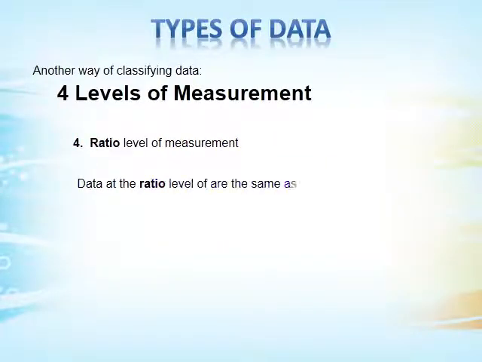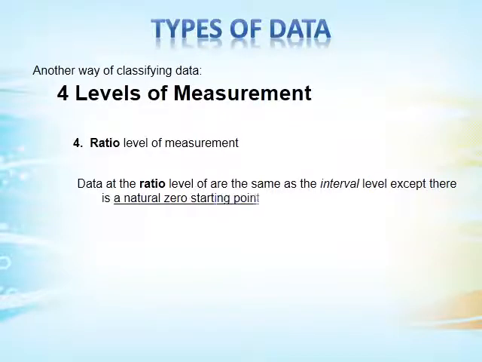Data is at the ratio level of measurement if differences are meaningful, the same as the interval level of measurement, but there is a natural zero starting point. Or in other words, zero is the absolute zero. It's the natural zero starting point.